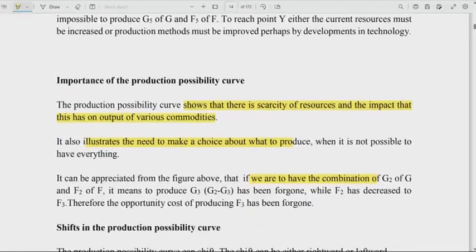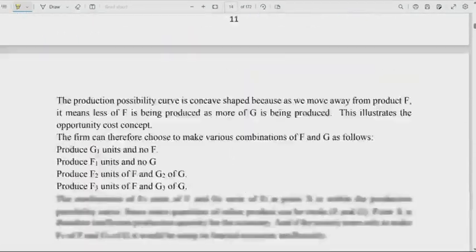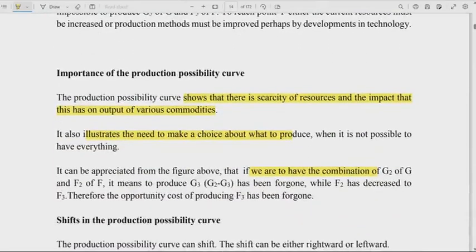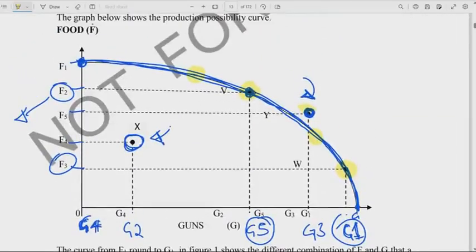So we also introduced that if we make a choice, there's always opportunity cost. They were talking about, for example, if we were to produce at F2 and G3. I'm sure F2 and G3 is supposed to be somewhere here. I don't know how this was supposed to be arranged. Probably this is where G3 is supposed to be.